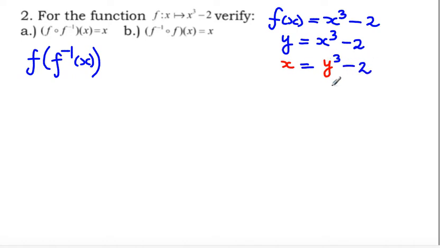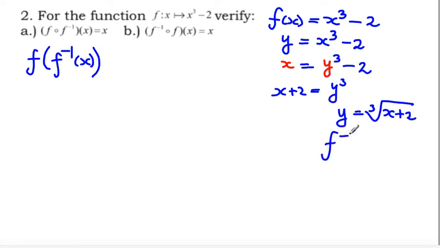So adding 2 to both sides, I will have y cubed equals x plus 2. And the last step, taking the cube root of both sides, I will end up with y equals the cube root of x plus 2. So the formula for the inverse of function f is actually the cube root of x plus 2.